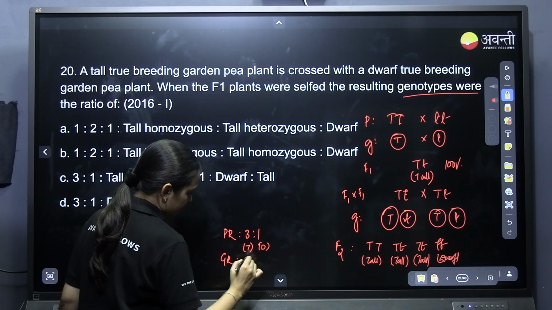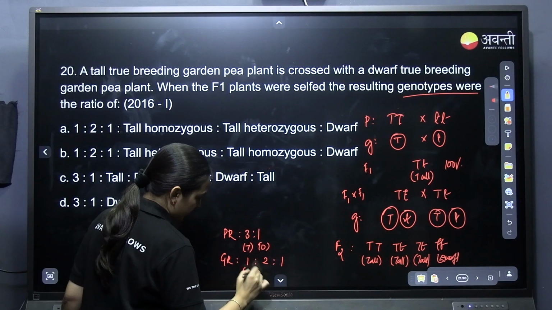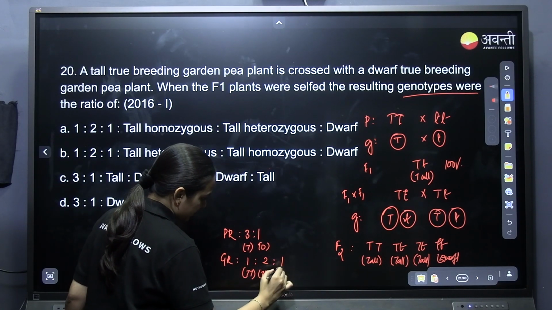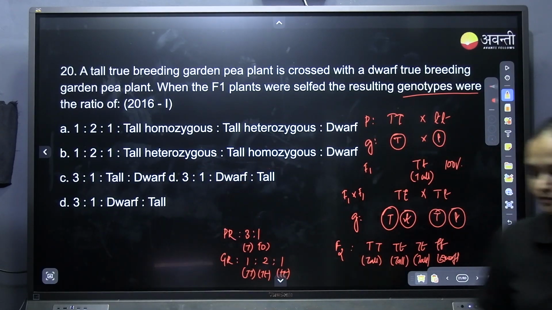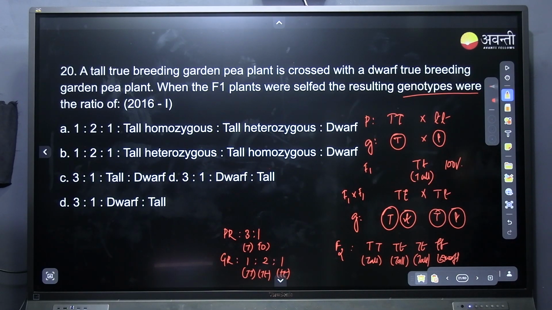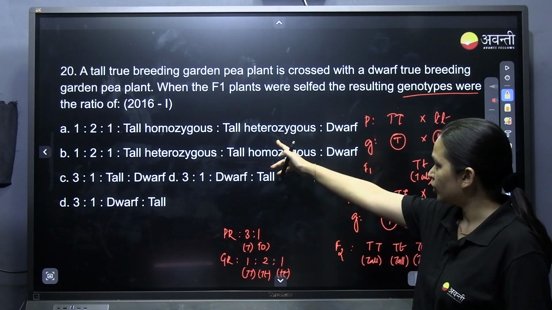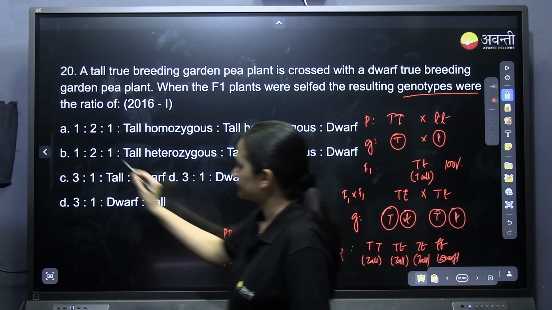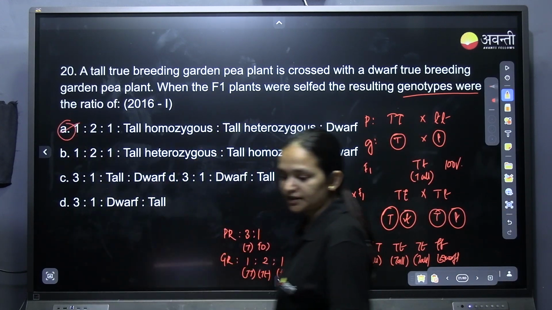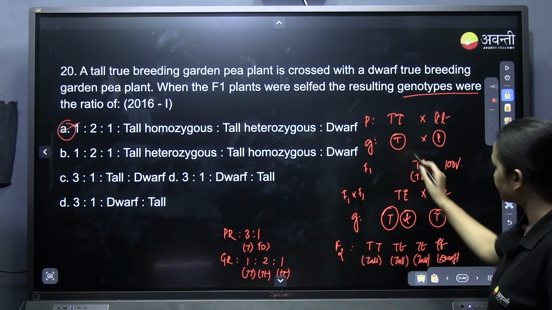The genotypic ratio is 1:2:1, that is capital T capital T, capital T small t, and small t small t. That is 1:2:1, homozygous tall, heterozygous tall, and dwarf, is the correct answer. Any doubts?